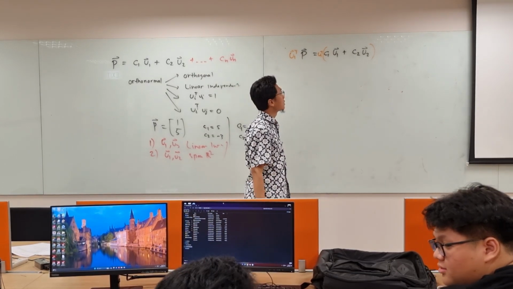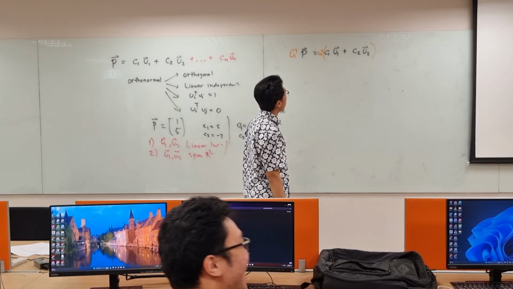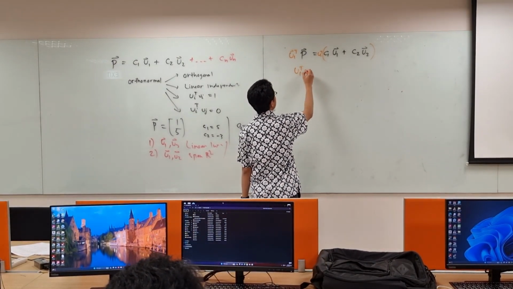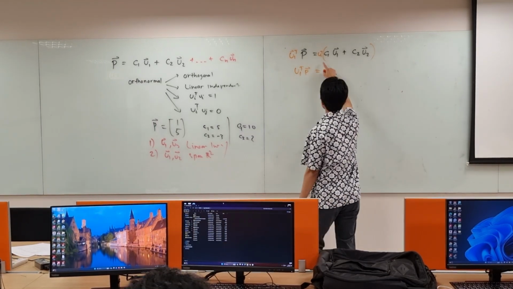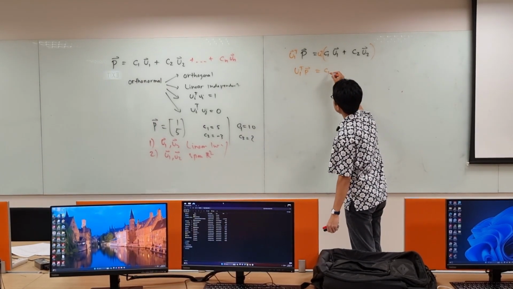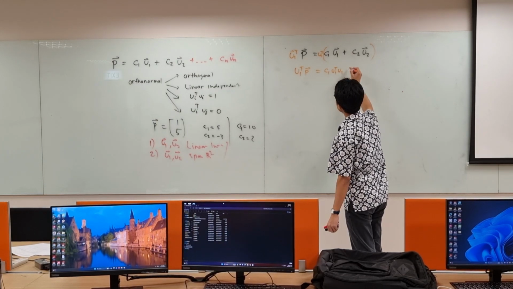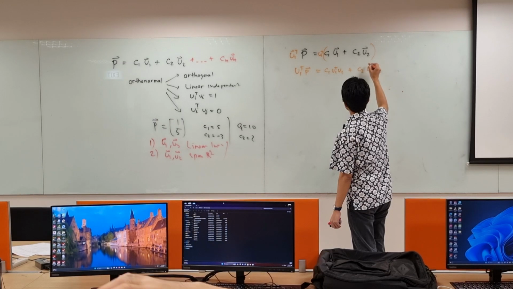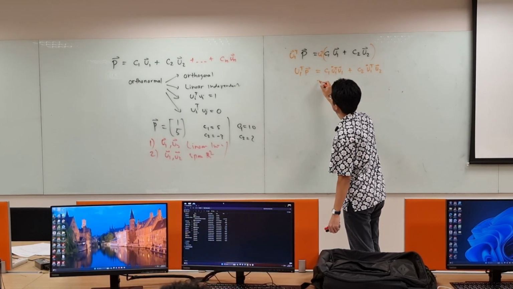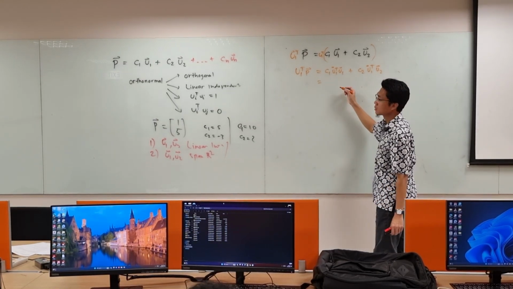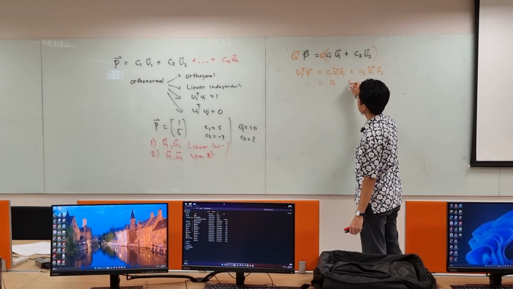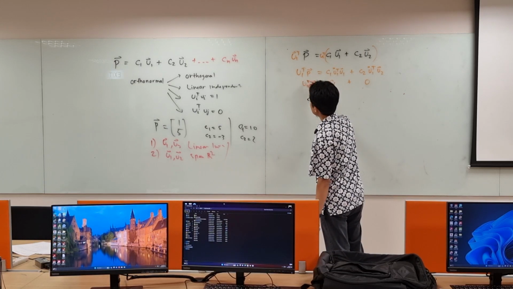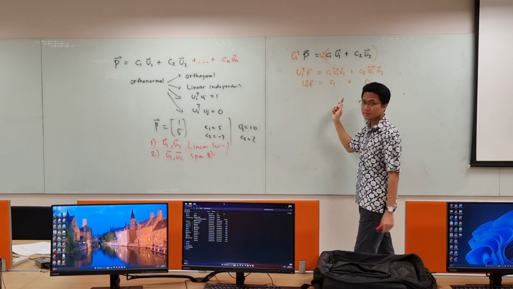You will have U1 transpose P equal to C1 U1 transpose U1 plus C2 U1 transpose U2. Then what is this? It is equal to 1, and this one is equal to 0. So this will be the C1.